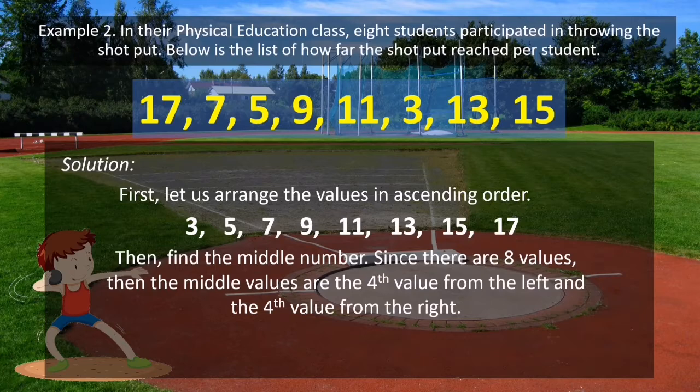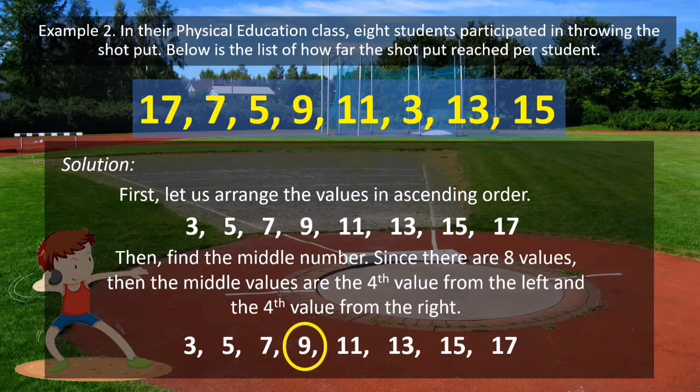Since there are 8 values, then the middle values are the fourth value from the left and the fourth value from the right. So we have 9 and 11. Notice that there are 2 values. Now to get the median, we will find the mean of these 2 values.